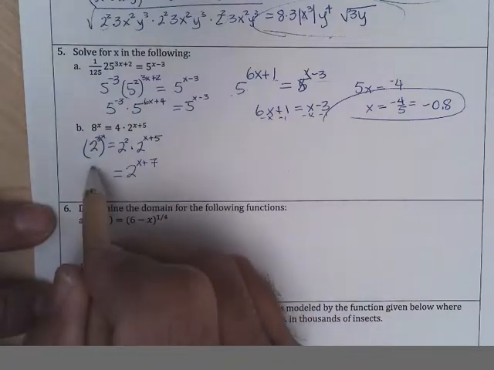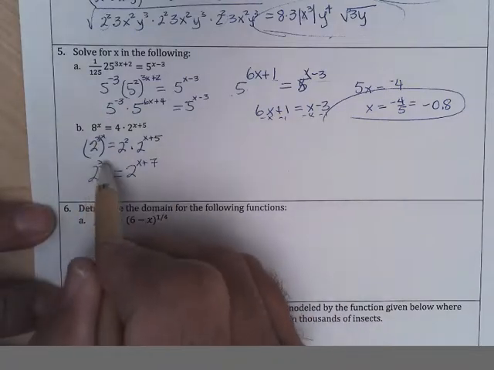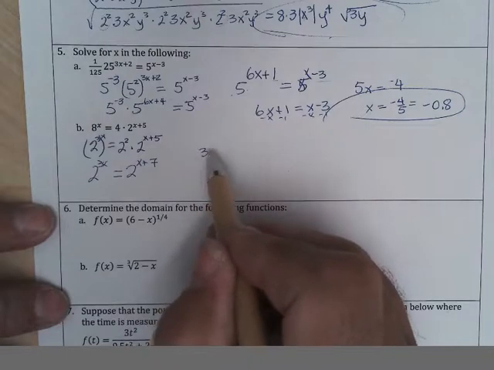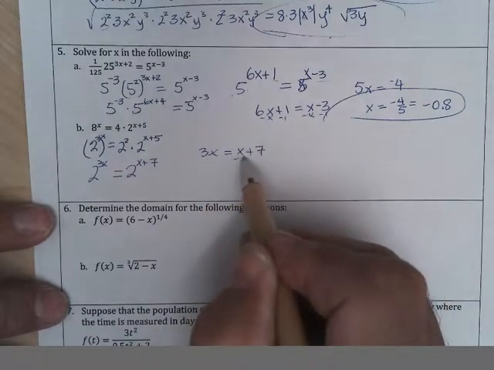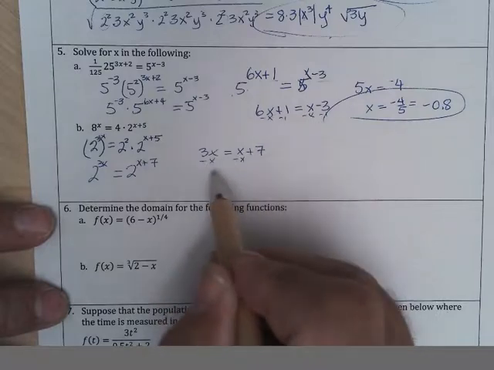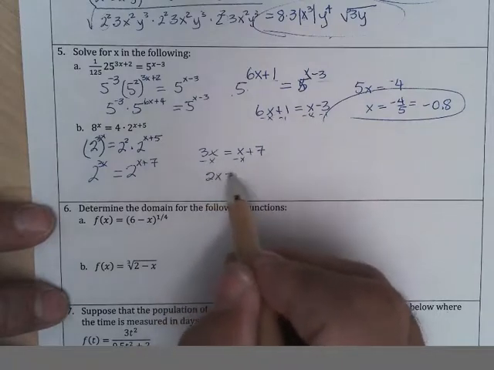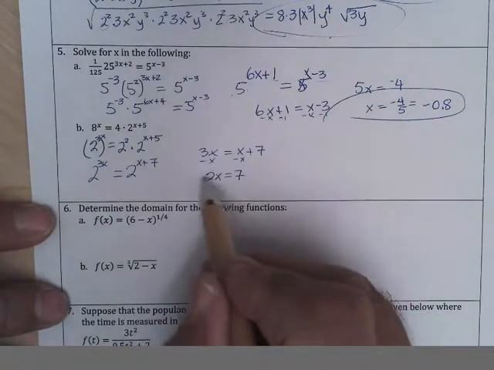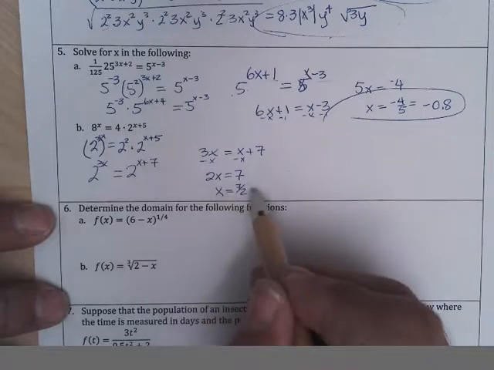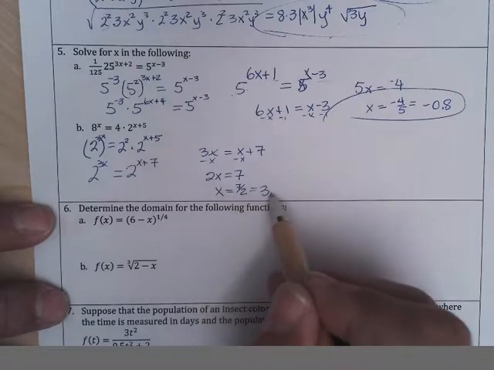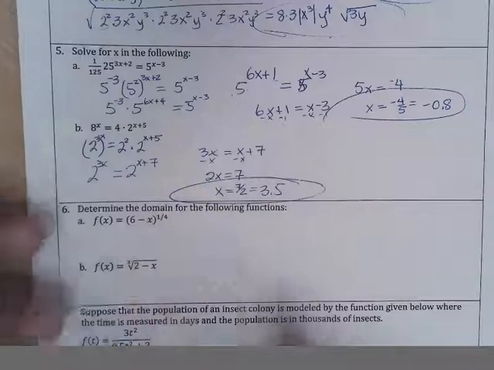And here you multiply, so you get 2 to the 3x. So 3x has to equal x plus 7. Subtract x, and I get 2x equals 7. Divide by 2, and I get x equals 7 halves, or 3.5.